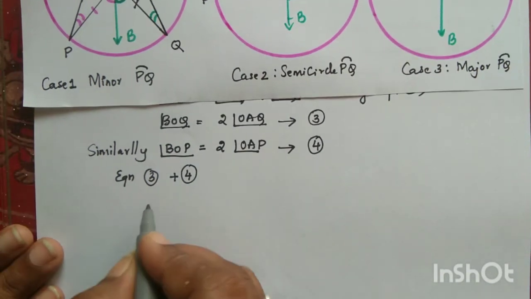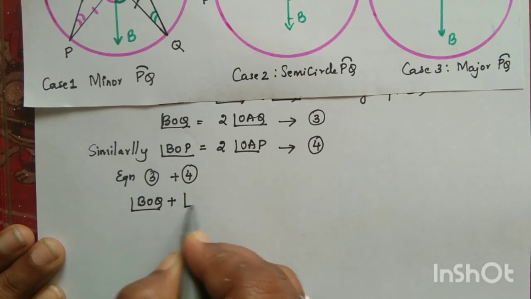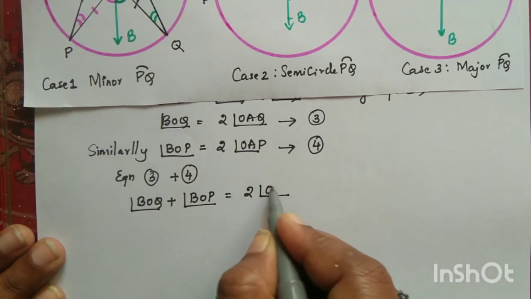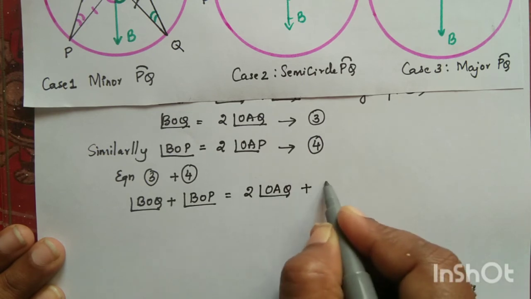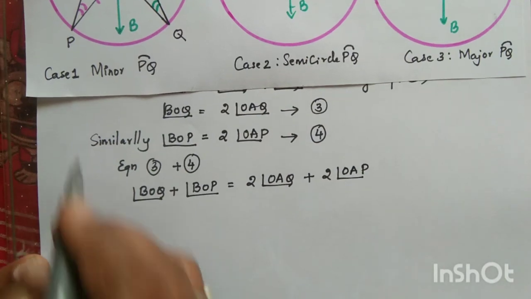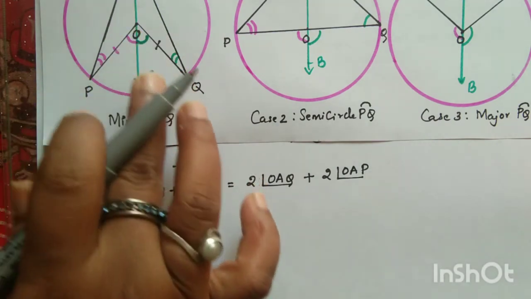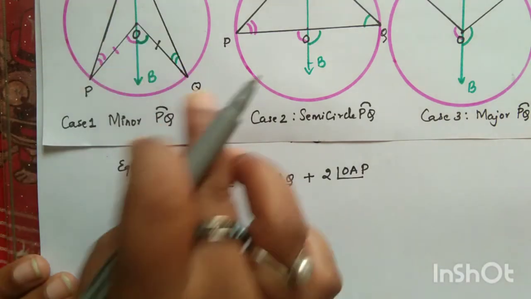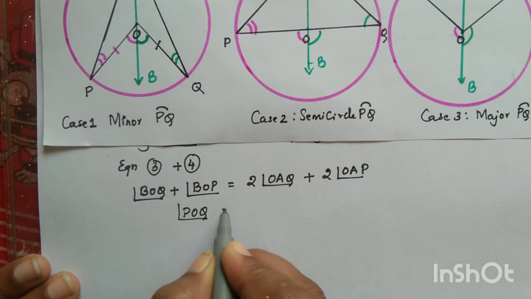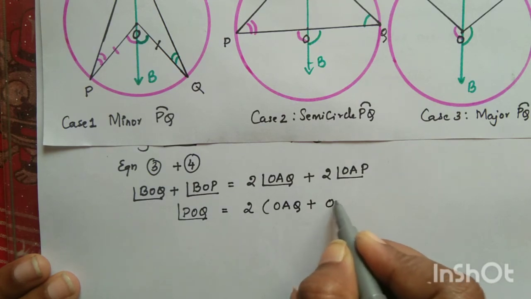When you add, you will get angle BOQ plus angle BOP is equal to twice of angle OAQ plus twice of angle OAP. So when you add BOQ and POB, you will get POQ. So I'll just write down that. POQ is equal to twice of angle OAQ plus OAP.